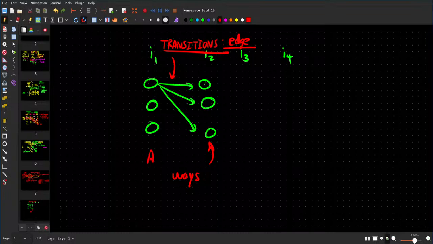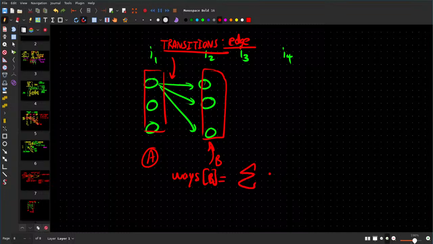Let's say this is a position A of a set of indices, and this is B. Then the ways to arrive at B would be the summation of ways to arrive at A over all the transitions, which would be the edges if you consider them explicitly.